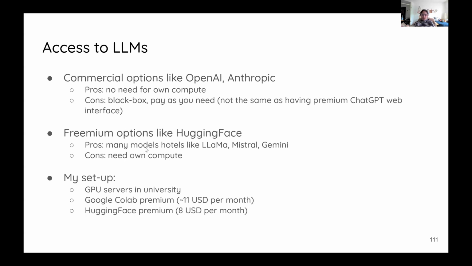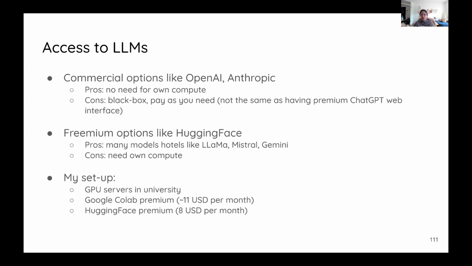And then to contrast that, you have these freemium options like Hugging Face, where you have many model families like Llama, Mistral, Gemini. The con here is that you need your own compute, right?